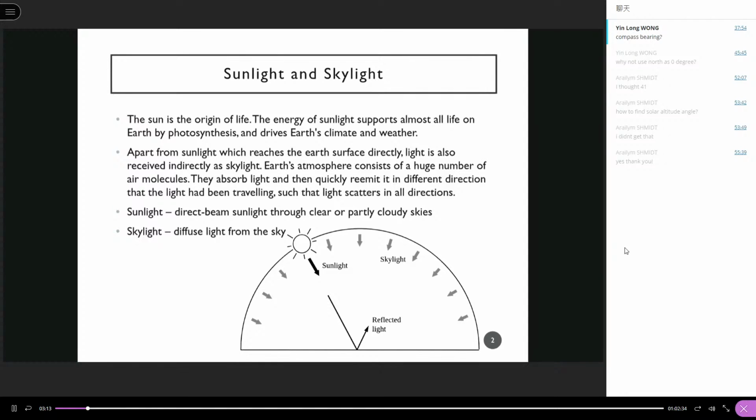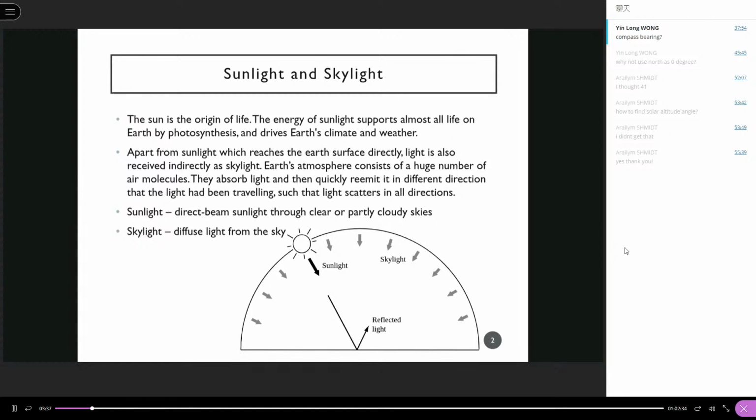So the Earth's atmosphere consists of a huge number of air molecules. They absorb light and then quickly re-emit it in different directions from the direction the light had been traveling, such that light scatters in all directions. And this scattering process is more efficient for short wavelengths, which is the blue color.